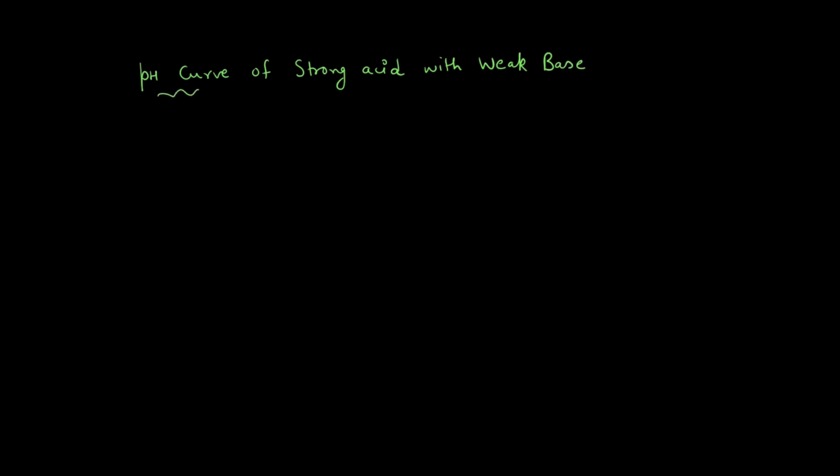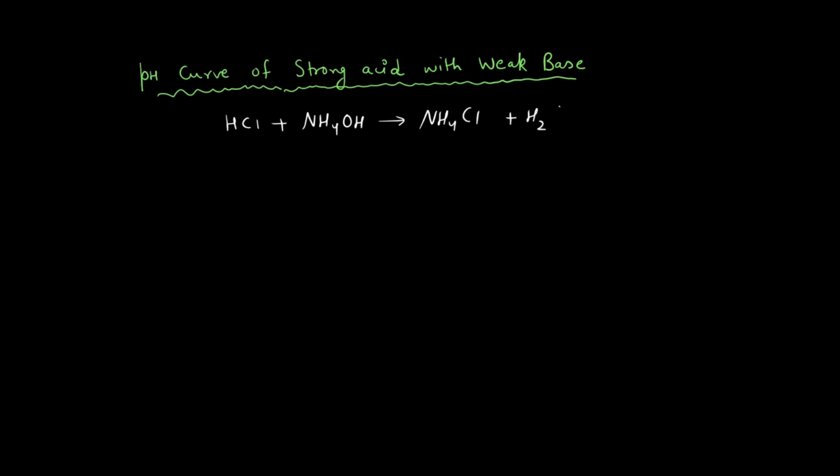Let us take an example. A strong acid like HCl reacts with weak base ammonium hydroxide, and it gives us ammonium chloride and water.